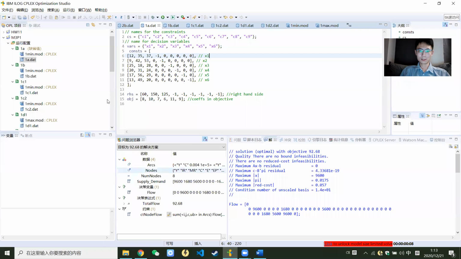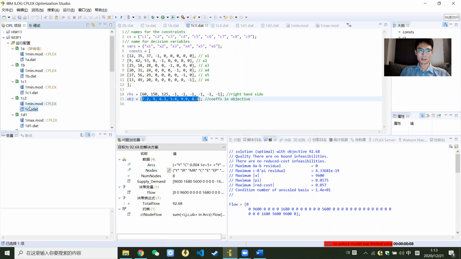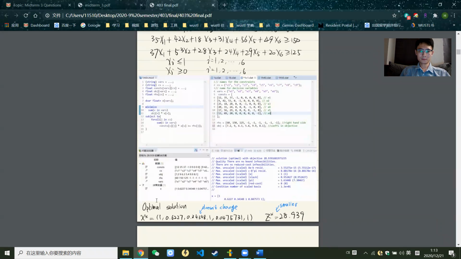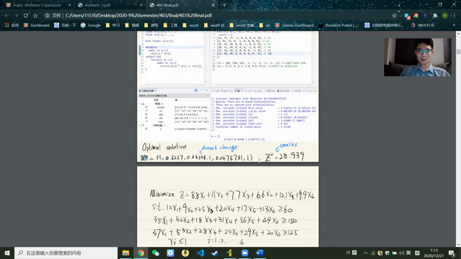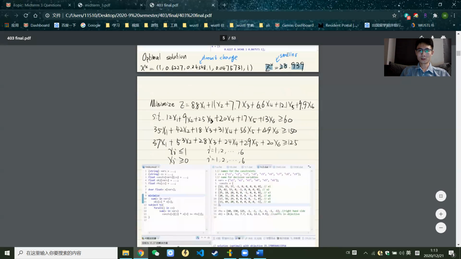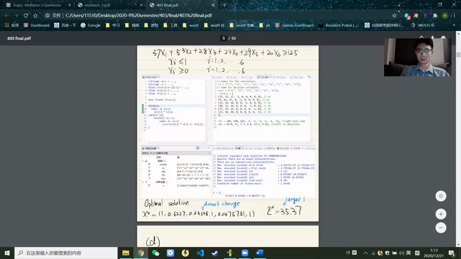So in problem C, we lower the coefficient of the objective function by 10%, and then we increase it. So the optimal solution doesn't change, but the optimal objective function value is changed, smaller for 10% and bigger for 10%.